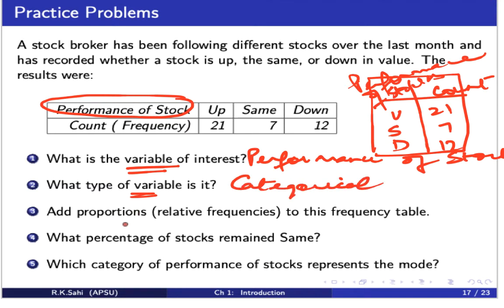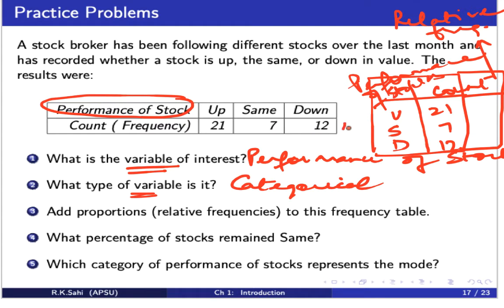Now we'd like to write down the relative frequencies. In other words, we're going to create another column over here and write this as relative frequency. In order to do that, we're going to add up all the frequency or count terms. So 21 and 7 is 28, 28 and 12 is 40.